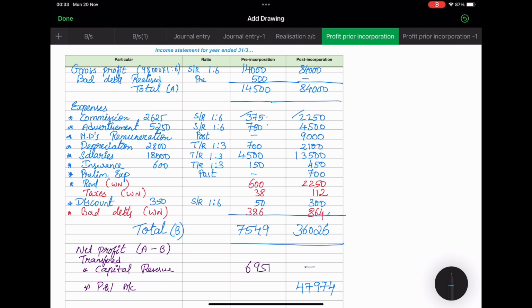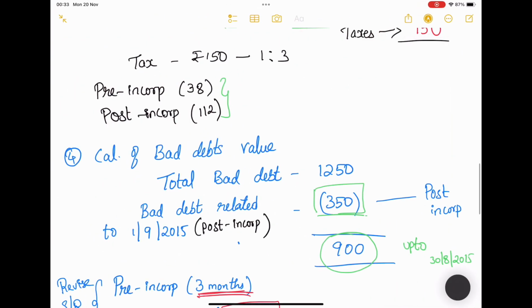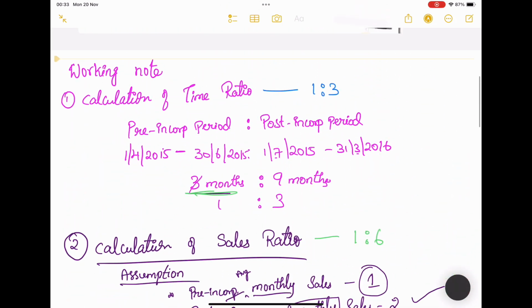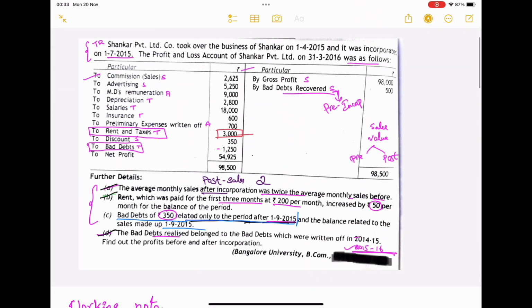So we have to identify the net profit, and next what we are supposed to do, we have to transfer that net profit to the respective account. So in the question itself they have given the net profit. See here what they have given, 54,925. The same value should be there.